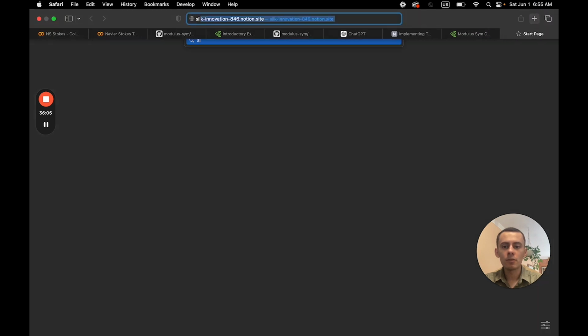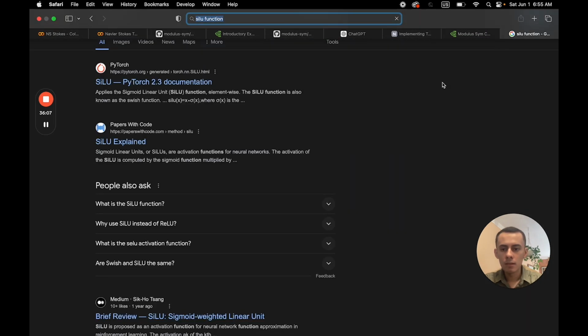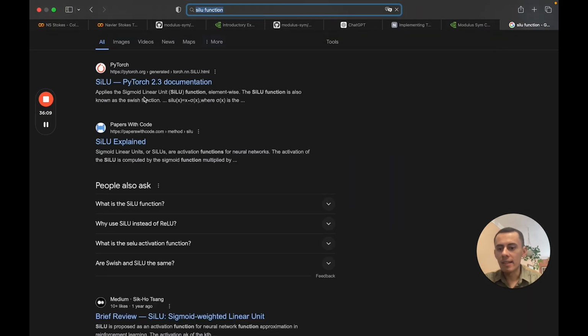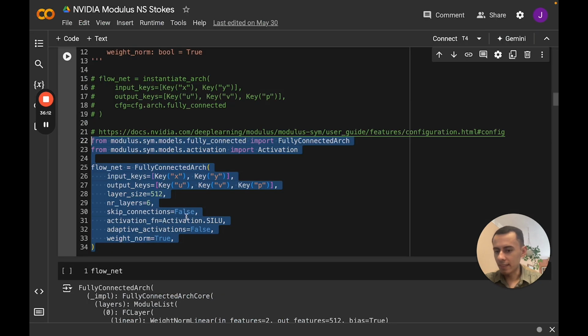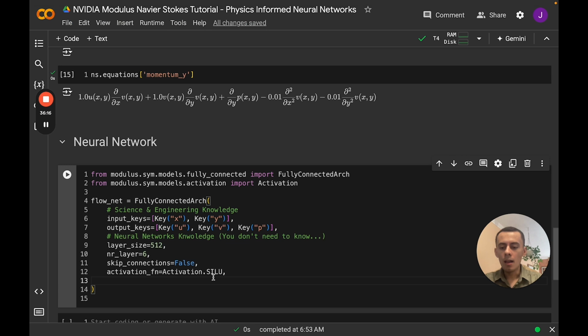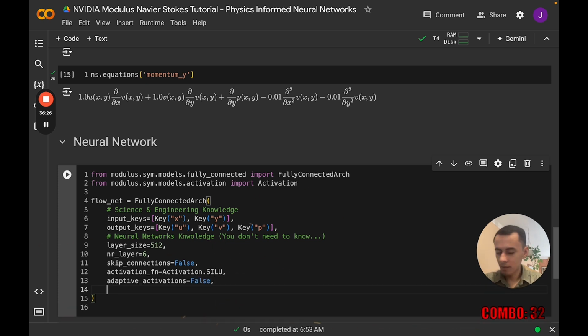It's an activation function, the SiLU function. Sigmoid linear units, I think those were the classic ones before ReLU, if I'm not mistaken. Correct me if I'm wrong. So we're using that activation function, adaptive activations. I don't know what that bit is, but part of this is to demonstrate to you that it's okay if you don't know everything about neural networks.